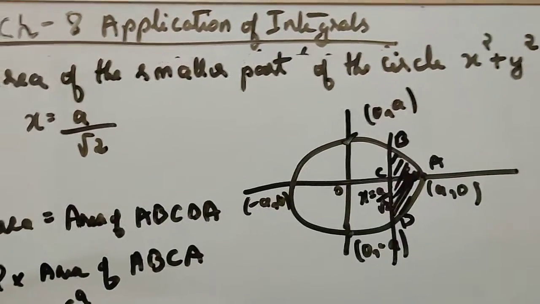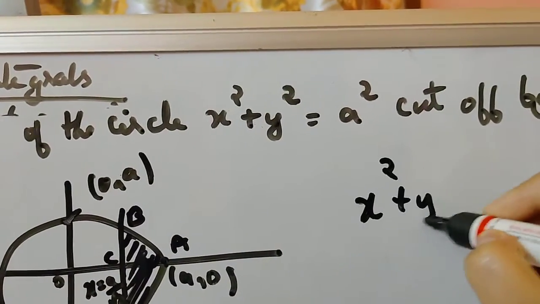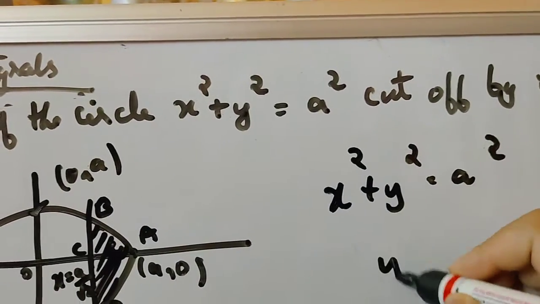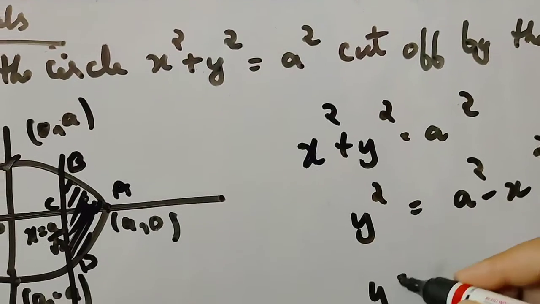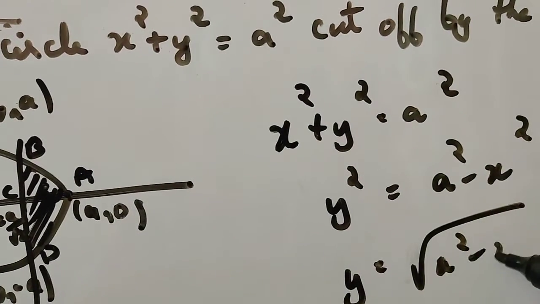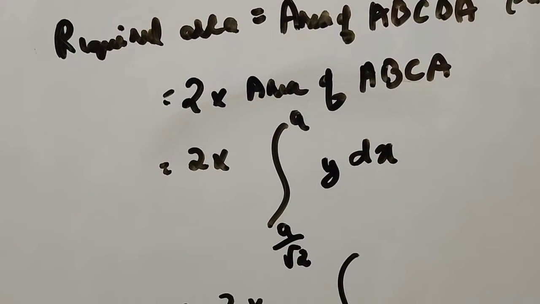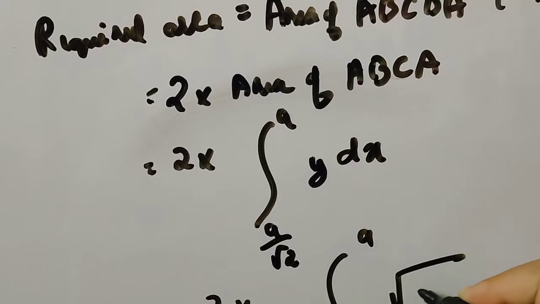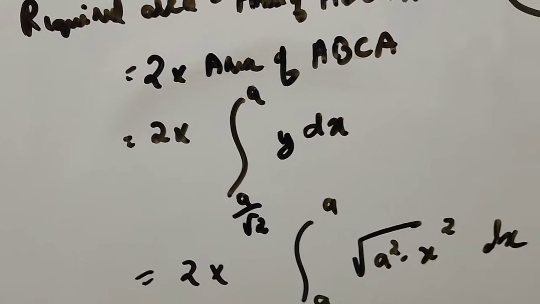From the equation of the circle, we will find the value of y. That is x square plus y square is equal to a square, so y square will be a square minus x square, and y will be root over a square minus x square. So 2 times the integral from a by root 2 to a of root over a square minus x square dx.